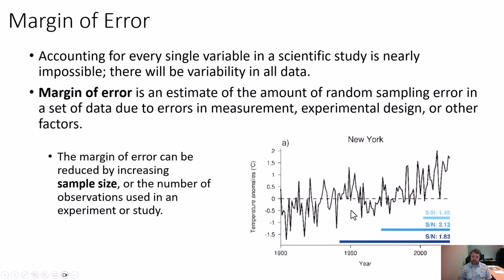Temperature is a good example of this. If we look at temperature and we just go through, like, this is the temperature profile of New York, okay, from 1900, and we just look at the profile, we can definitely see that the temperature differences in the early 1900s, they were negative.